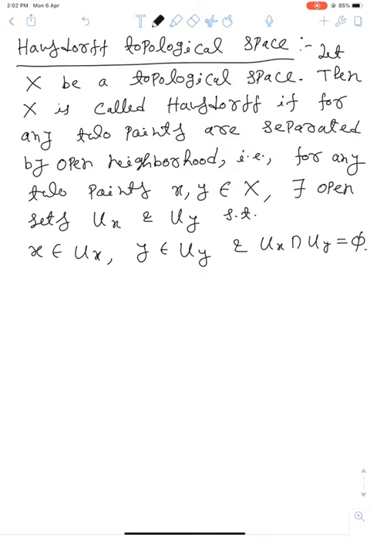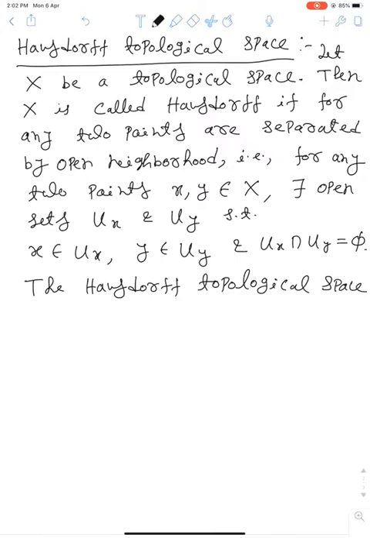The Hausdorff topological space is also called a T2 space.